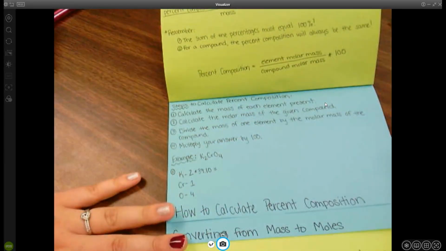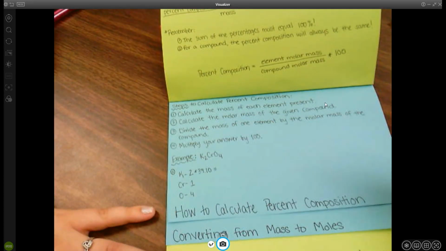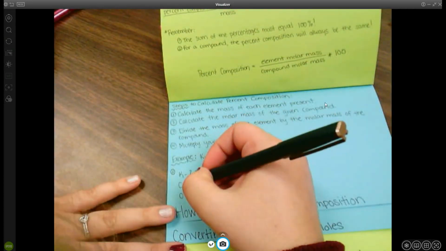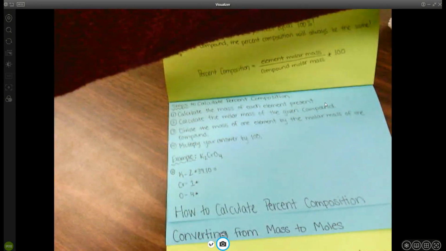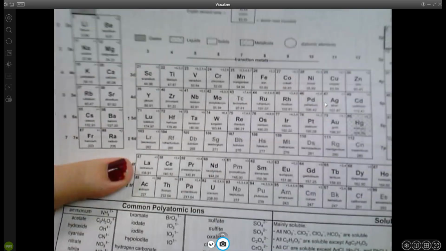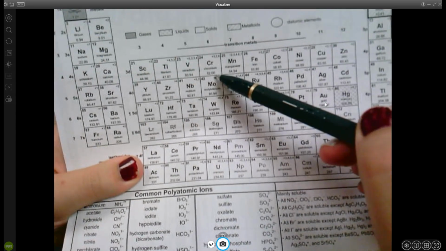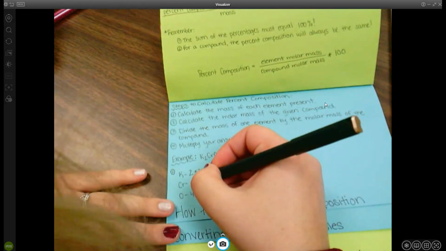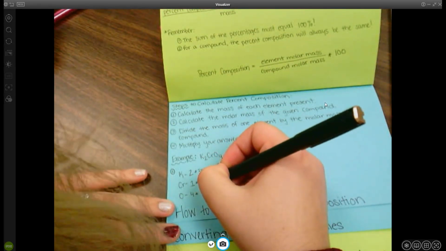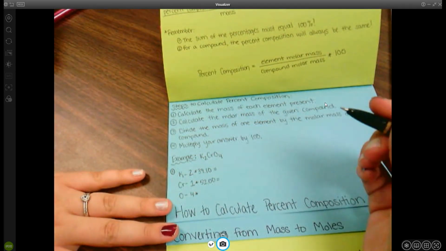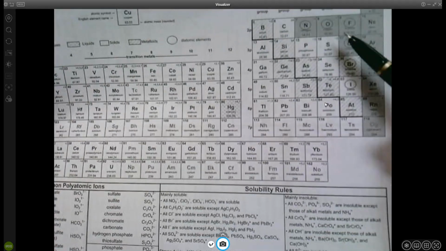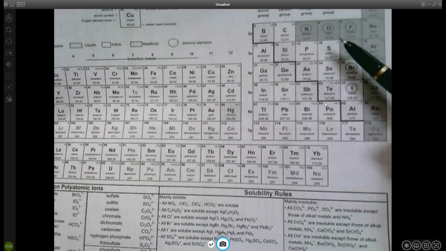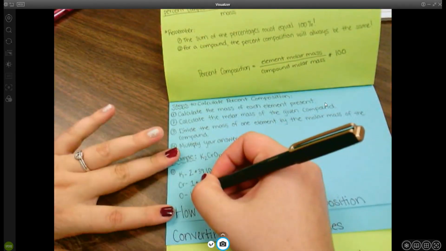I'm going to leave my units off to save space on my notes, but when you're doing this for real, you need your units. The molar mass of chromium is 52.00 grams per mole exactly. Oxygen is 16.00 grams per mole.